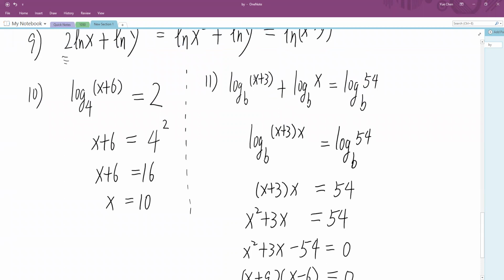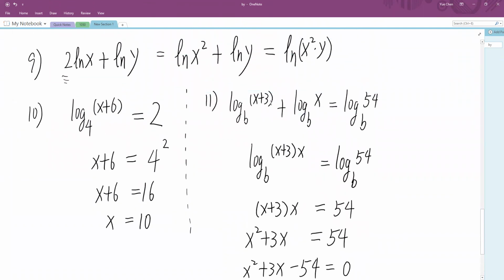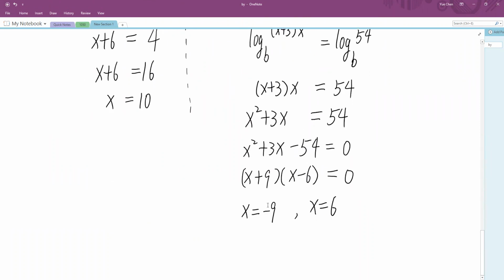For the logarithmic function, this part must always be positive. But if you plug in 6, there's no problem. For -9, it will cause a problem. So -9 is not our solution. So we only have one solution, which is x equals 6.